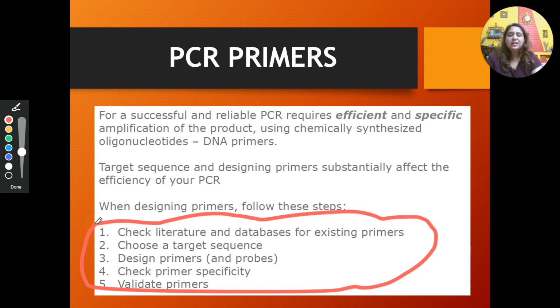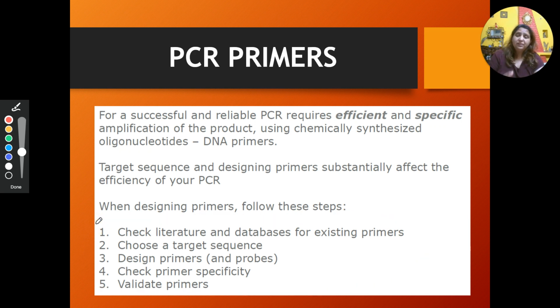The first thing is that it is not necessary, remember, to design the primer every time. Sometimes, whatever study or research you are carrying out, people have already done research in that field, and some of the primers are already available in the public domain.